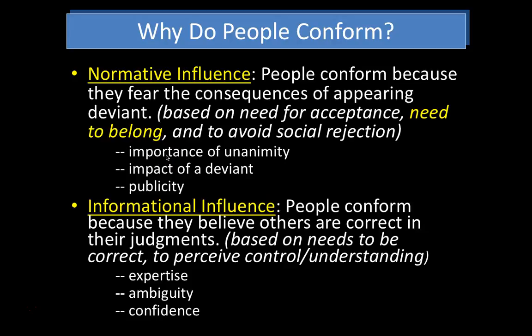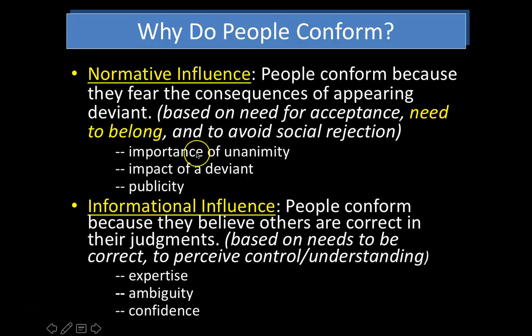So we can see normative influence at work when Asch changed the study so that he introduced a condition in which, on some of the conformity trials, instead of all 5 or 4, depending on the study, we'll say 5, instead of all 5 of the Confederates giving the obviously wrong answer, one of the Confederates who preceded the subject actually gave a different answer.